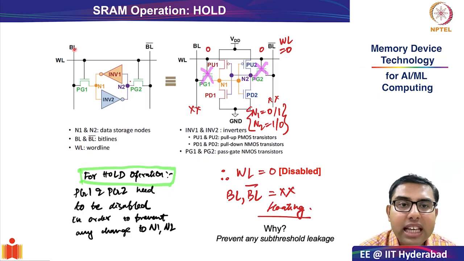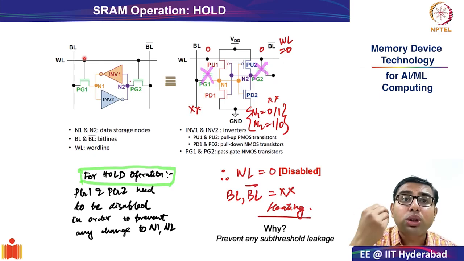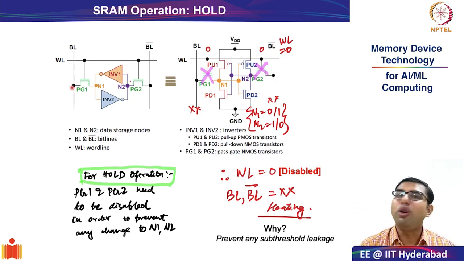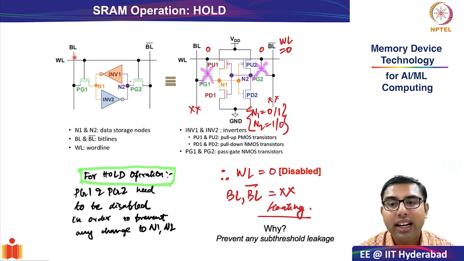Now, if you keep bitline and bitline bar to some fixed value, there will be a leakage current which will flow through this, right? And that is what you want to prevent. So what you do is you just keep them floating. So the reason for having bitline and bitline bar floating is to prevent sub-threshold leakage or off-state leakage during hold operation, right?